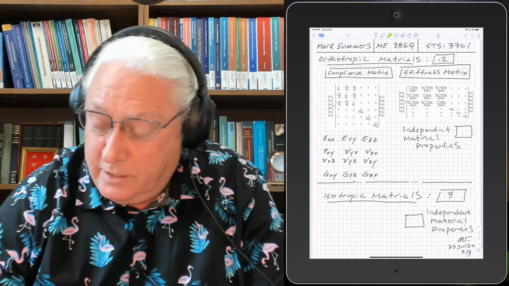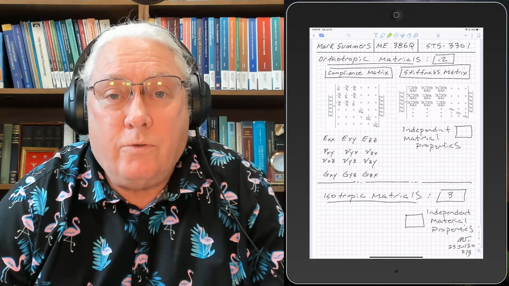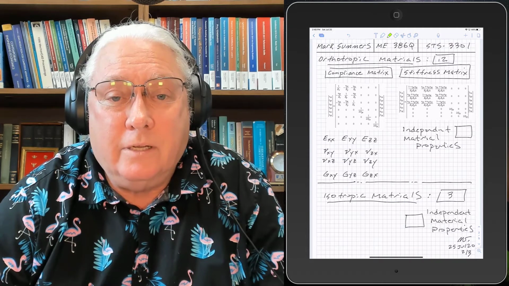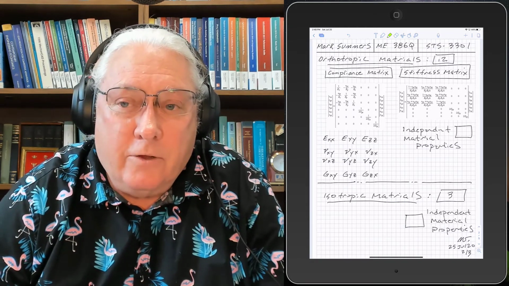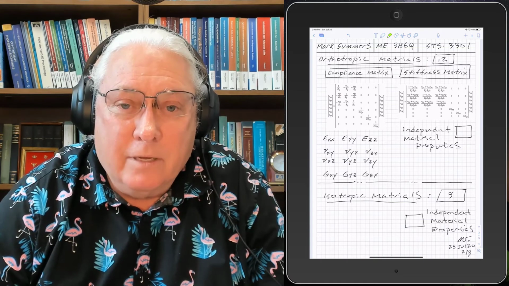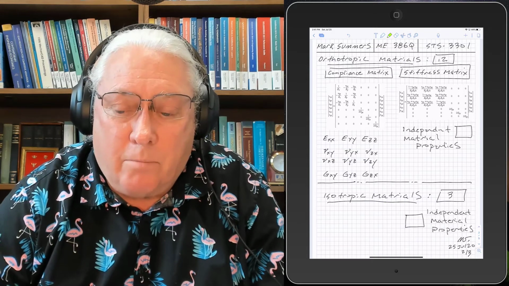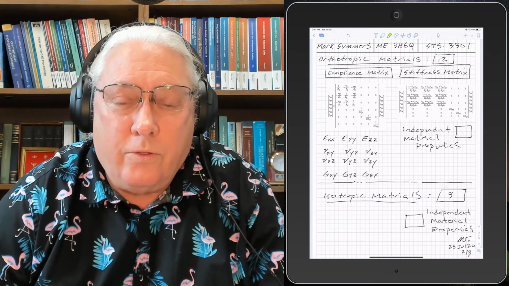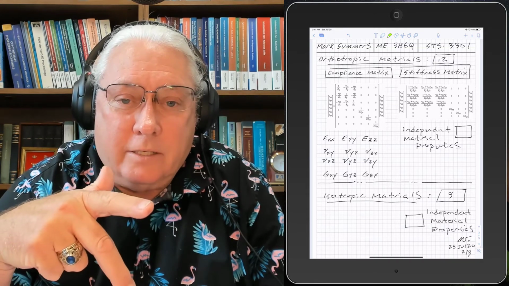All right, let's move into orthotropic materials. Isotropic, I guess I should have explained the definition. Iso means same, and tropic, I think, means direction. So it's got the same material properties in any direction. Orthotropic means that it's not isotropic.